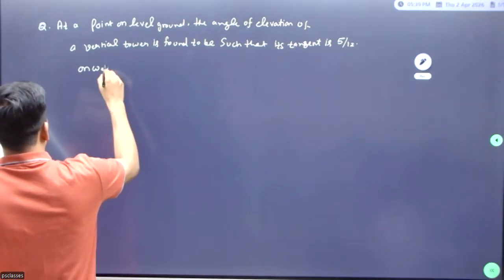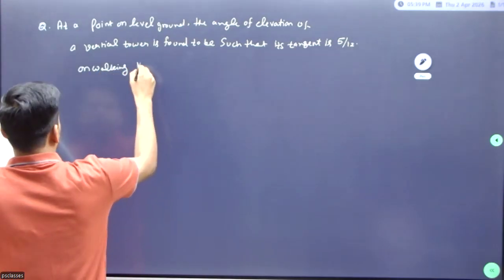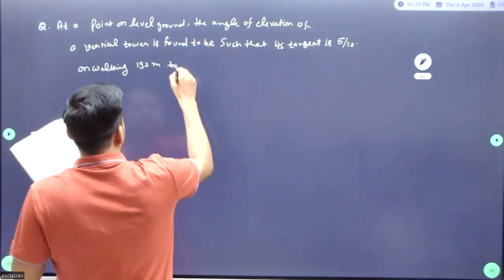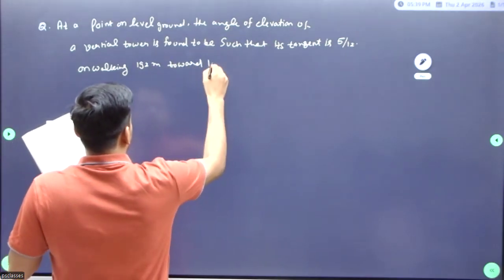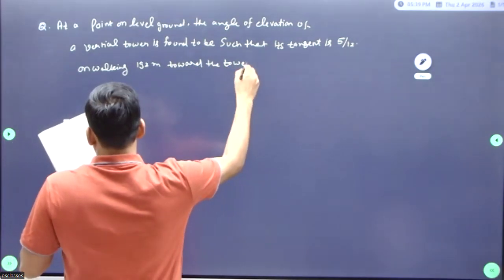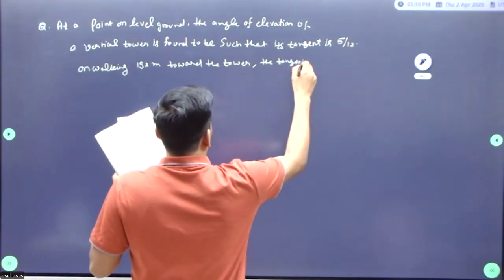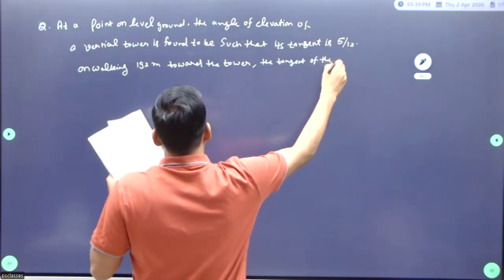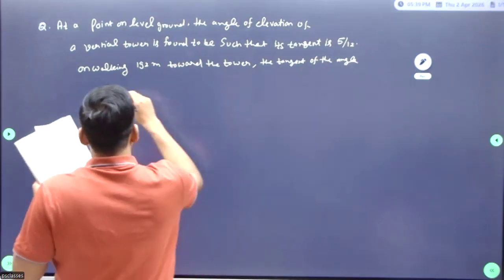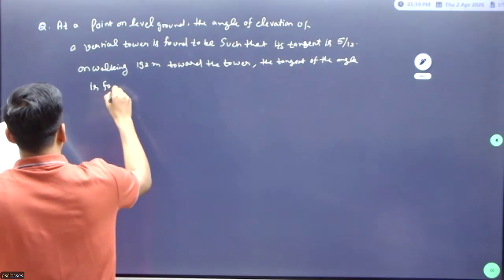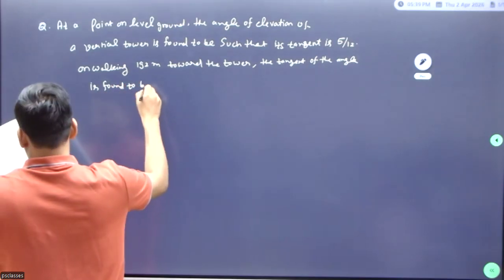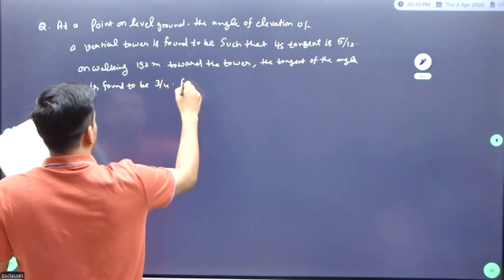On walking 192 meter toward the tower, the tangent of the angle is found to be 3/4. Find the height of tower.